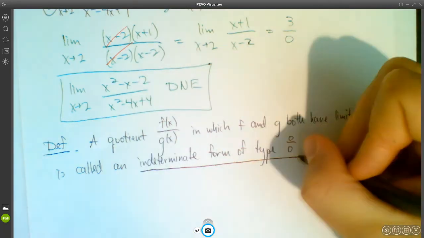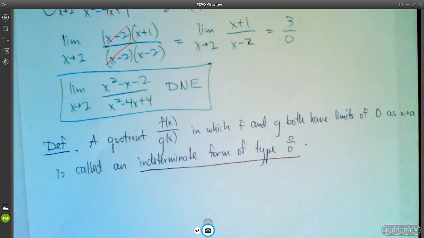So it's an indeterminate of type 0 over 0. Or I might say it's an indeterminate of the form 0 over 0, right? Something like that.